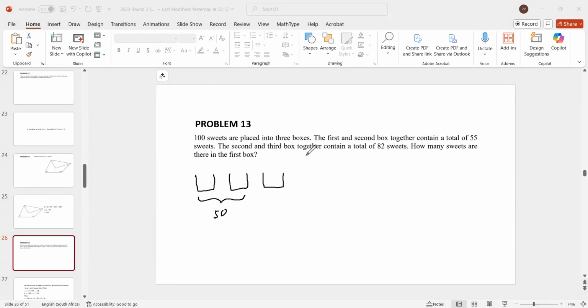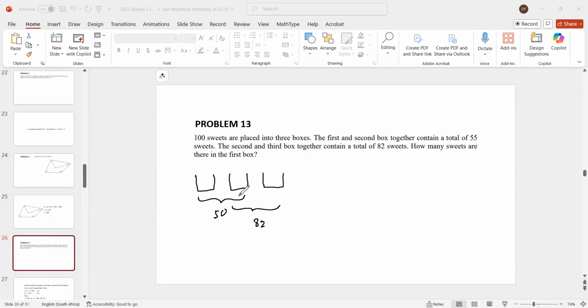The second and third box together contain 82 sweets. The question is, how many sweets are there in the first box?